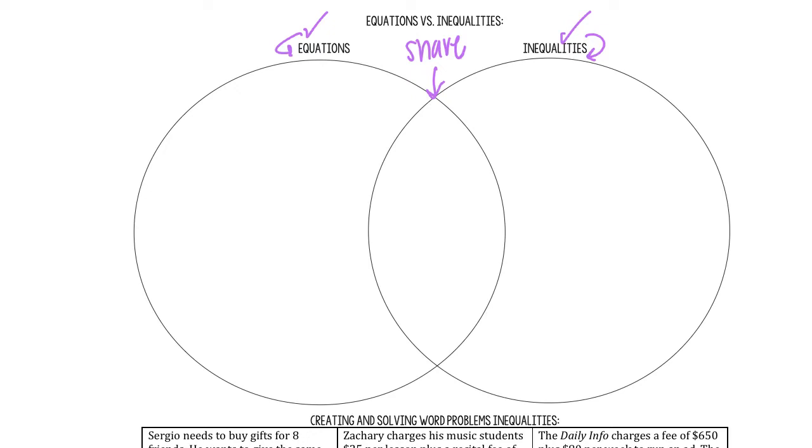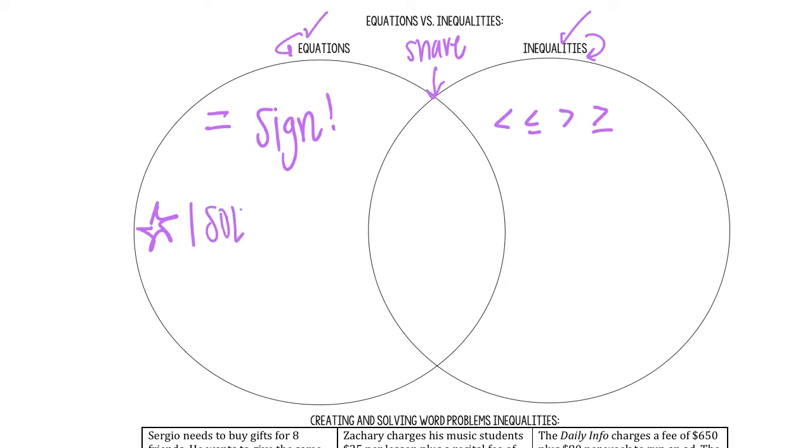When I was thinking to myself about things that are unique to equations, I would think, well, equations have an equal sign in between. On the other hand, inequalities have less than or equal to, greater than or equal to signs. When you're dealing with an equation, this is something that I want you to get through your head. There is one solution.